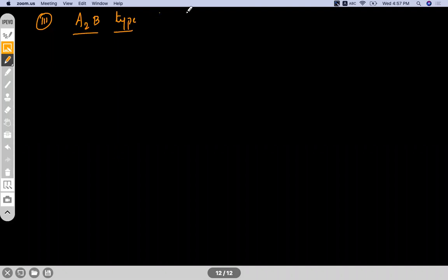This structure we call antifluorite structure. Okay, everything is just opposite.